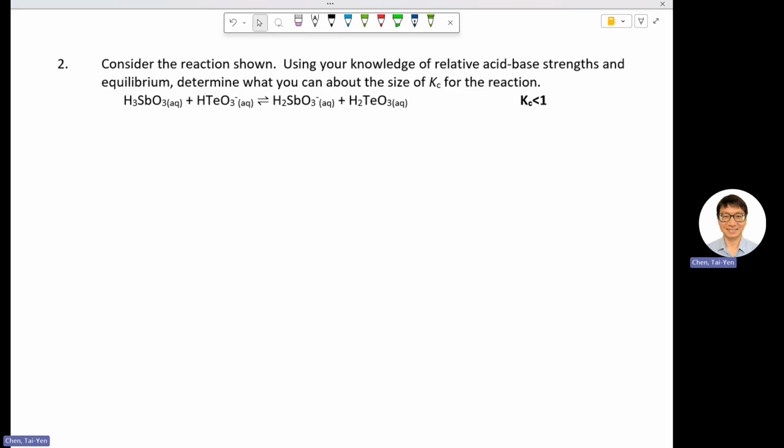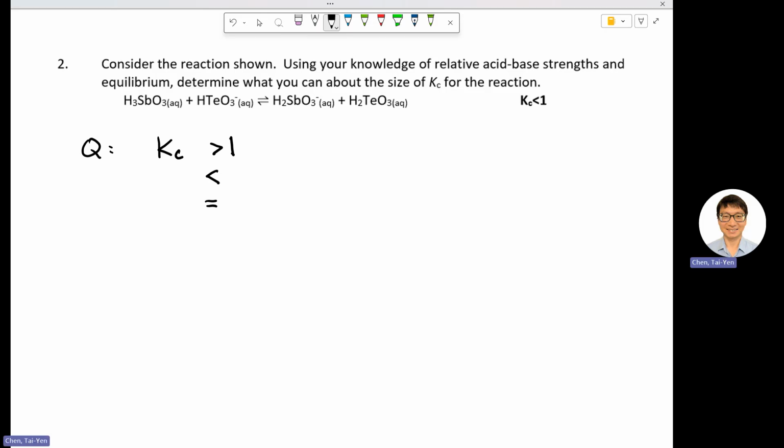It's going to give you options like Kc larger than 1, Kc equal to 1, or Kc smaller than 1. The question is asking whether Kc is going to be larger than, smaller than, or equal to 1.